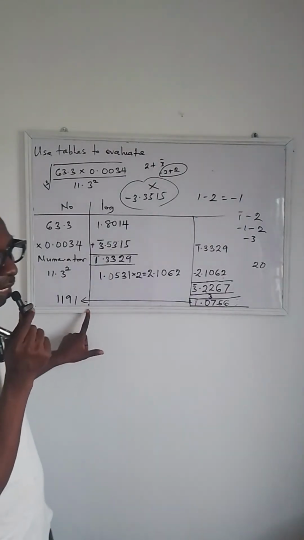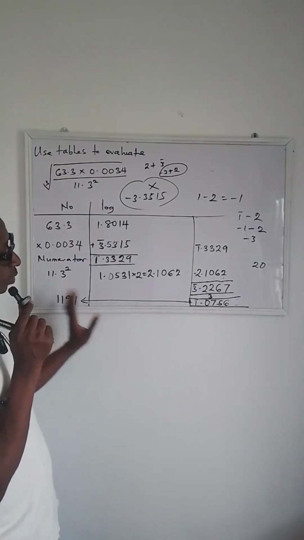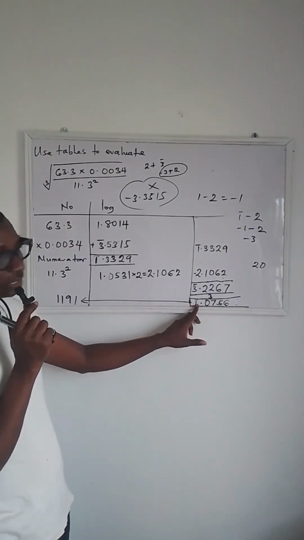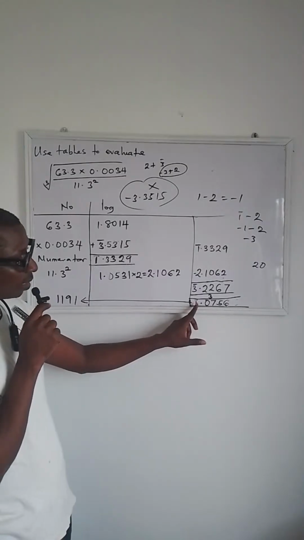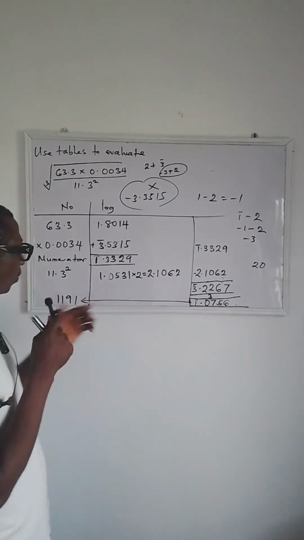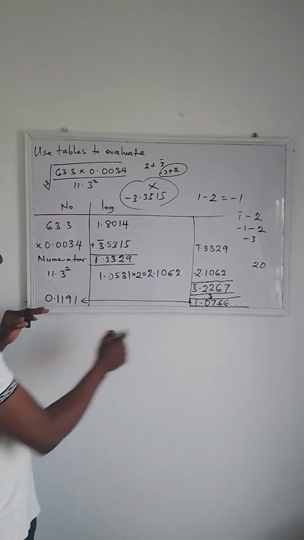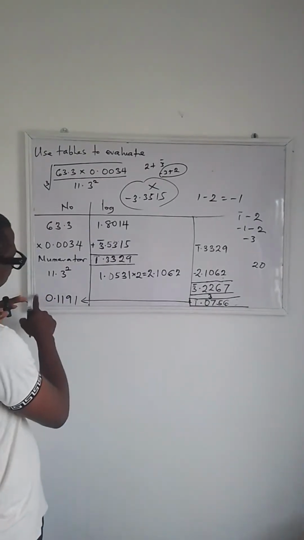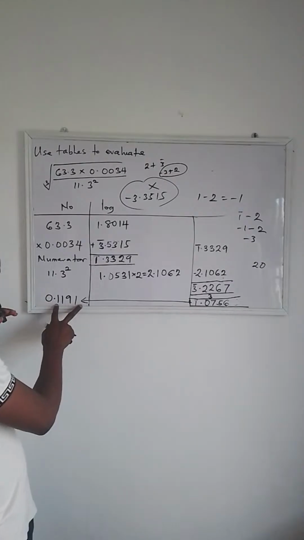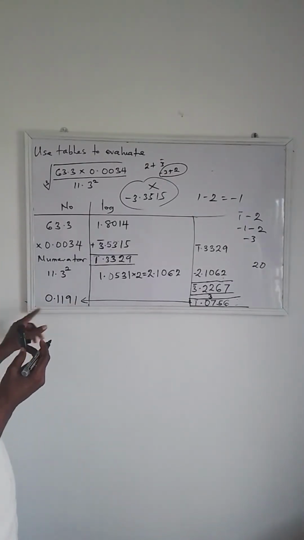Okay. So now we'll not just leave this here. You can see that we didn't touch this integer. All right. So that's bar 1. So now you just write 10 at the front of this value you have here. So you have 0 and you put your point. If you have bar 2, you will be putting 2 zeros at the front of your values and you put the point at the back of the first zero.